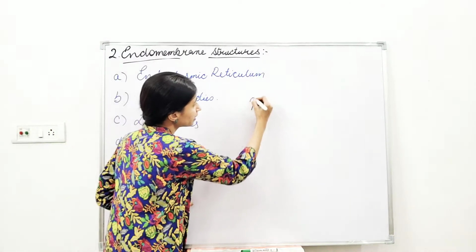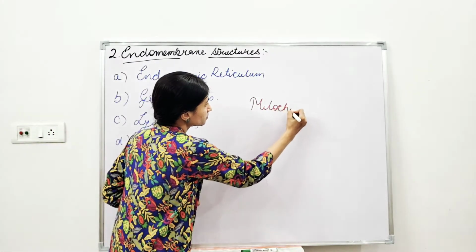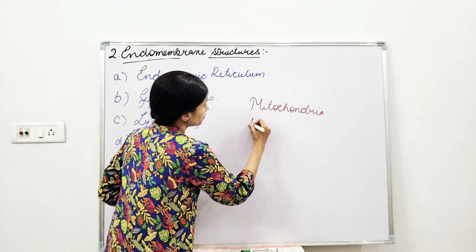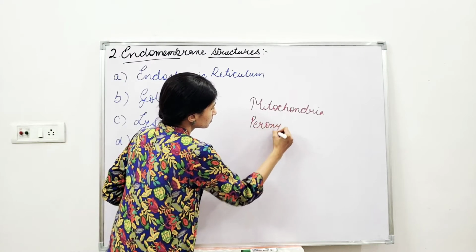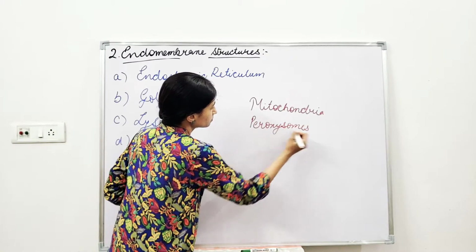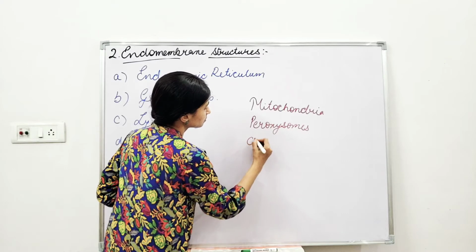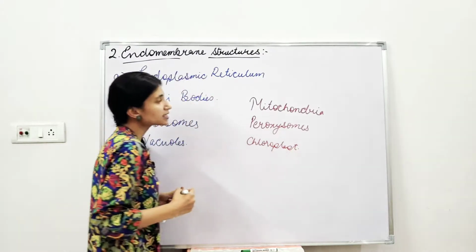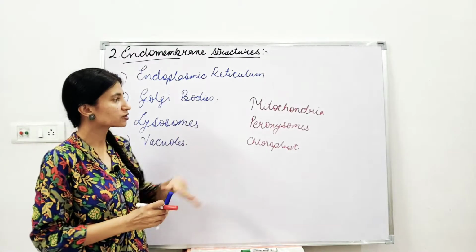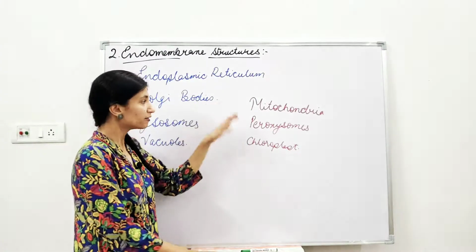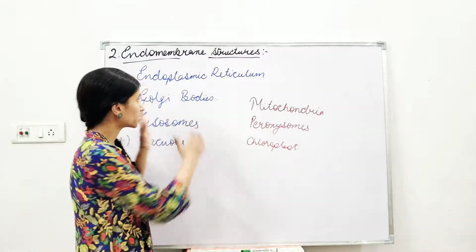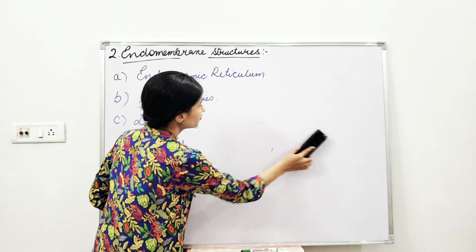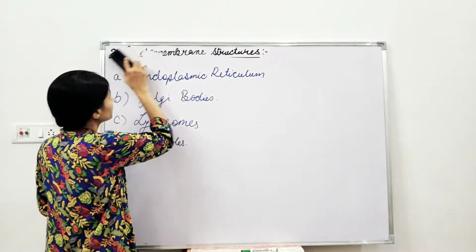But mitochondria, peroxisomes and chloroplasts from the cells are not part of the endomembrane structures, which means they work individually. We are not discussing them right now. So the first endomembrane structure that we are going to study is the endoplasmic reticulum.